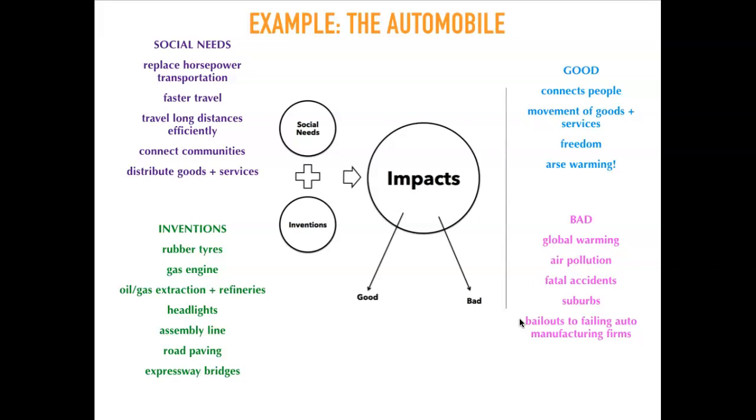So that can be part of our thinking about the negative consequences and an unforeseen consequence of the automobile. So you can see here what happens from such a simple model.